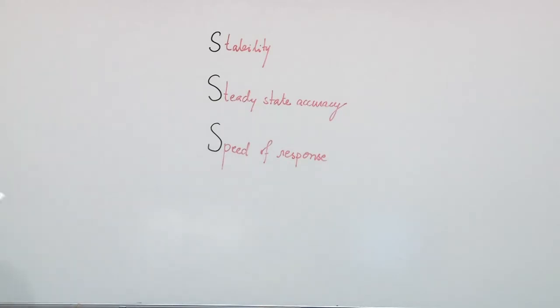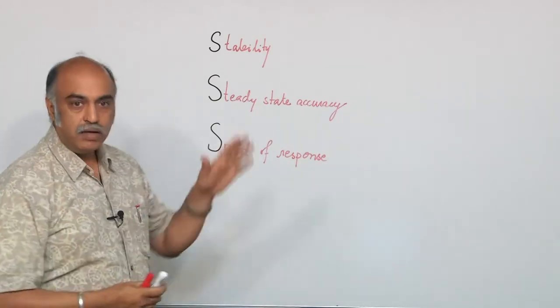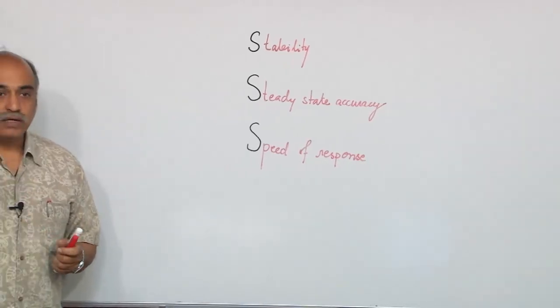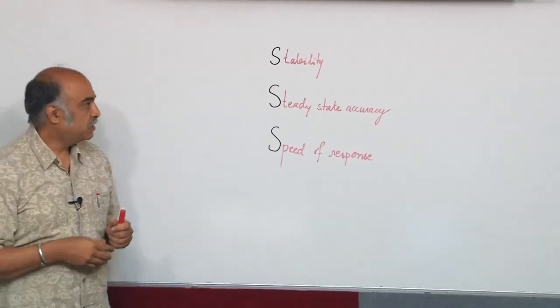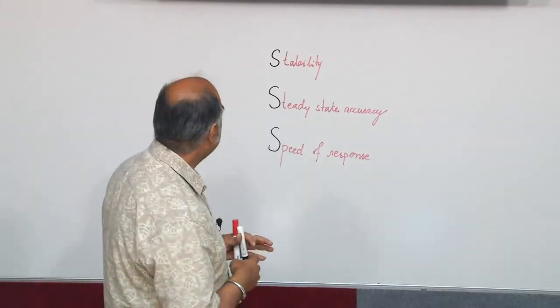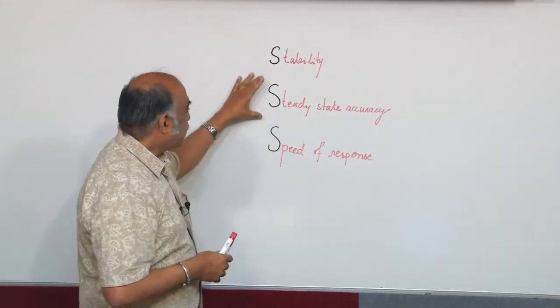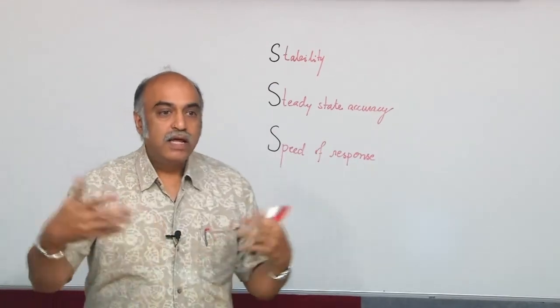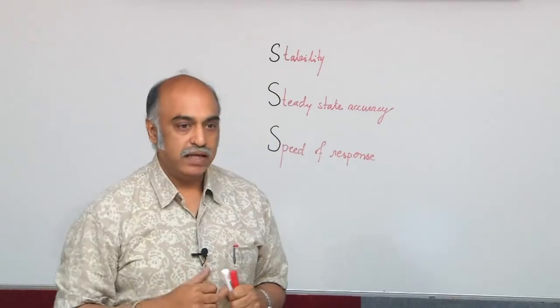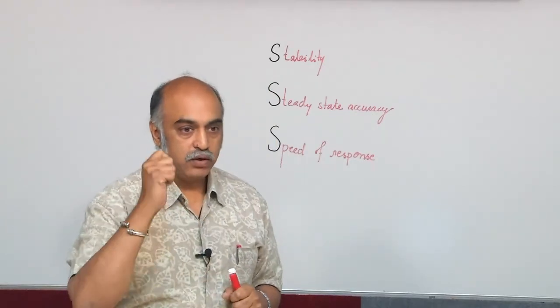Stability is something primary. You need to see that it is stable and there is no unbounded growth in energy and any of the state variable parameters. Second, in the long run and during steady state, what is my error? Do I get good accuracy?